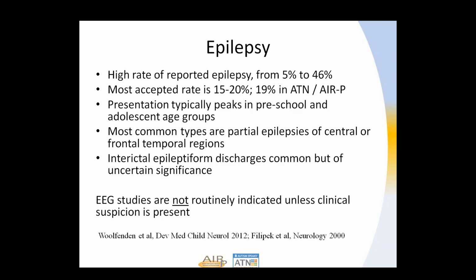But then there's a second peak during adolescence when people with autism are at risk of developing epilepsy again. So it presents either early in life or during adolescence. The most common types of epilepsies that are seen are what are called partial epilepsies that are focused around the central or frontal temporal regions.